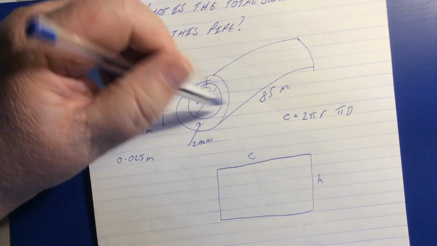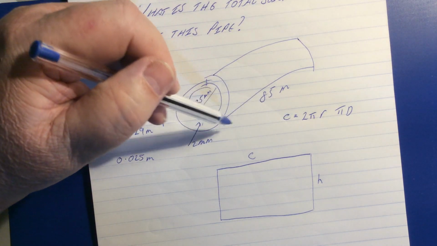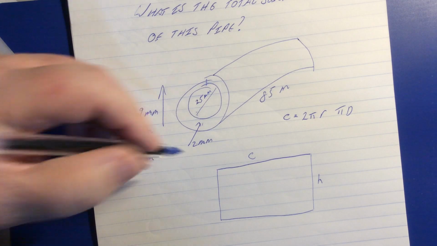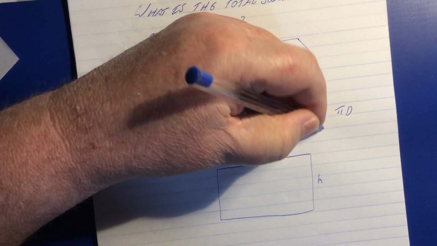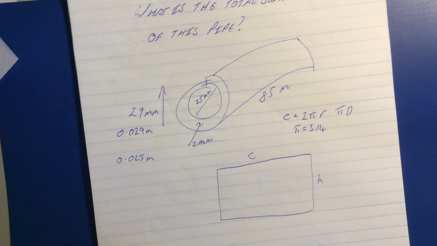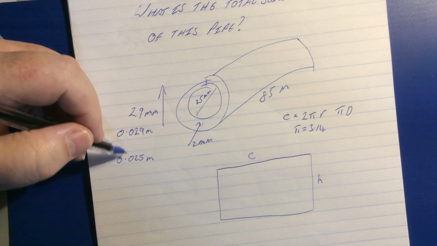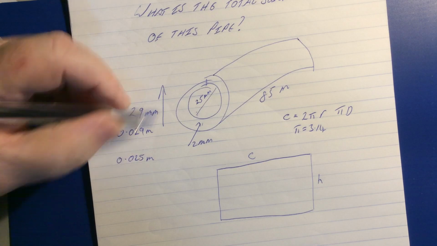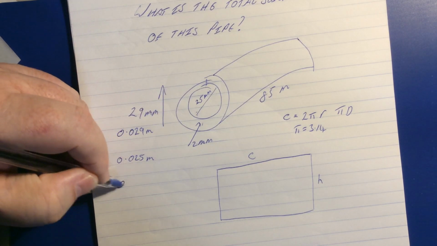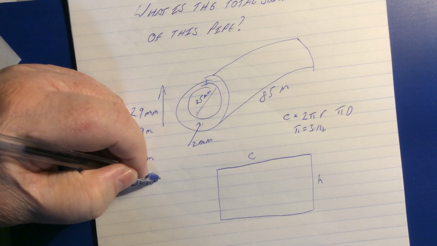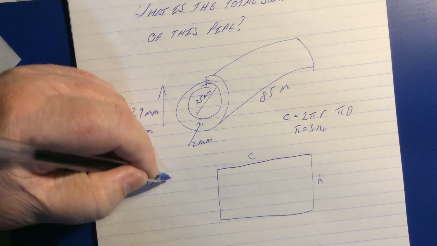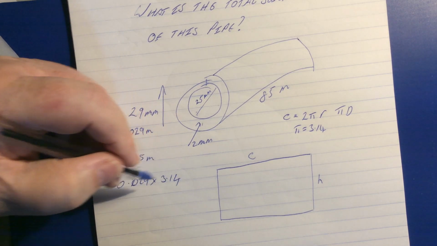So, what is the circumference of each of these in meters? Well, it's pi d, and for pi we're going to use 3.14. Makes it nice and simple on my cheap calculator. So for this outer one it is 0.029 times 3.14.